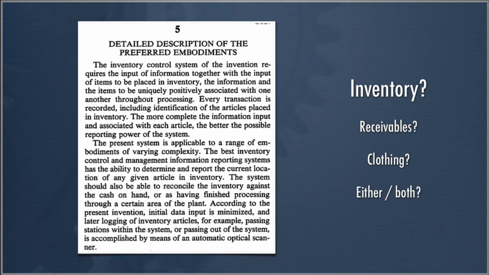What about the description, right? And so you can read this paragraph here, paragraph 5 that I've put in, and try and determine from this context whether or not this is something that is going to encompass receivables only, both, or just clothing. And that's sort of the trick. And the interesting thing is you can get more information, of course, if you go into the specification, right, and read the detailed description.